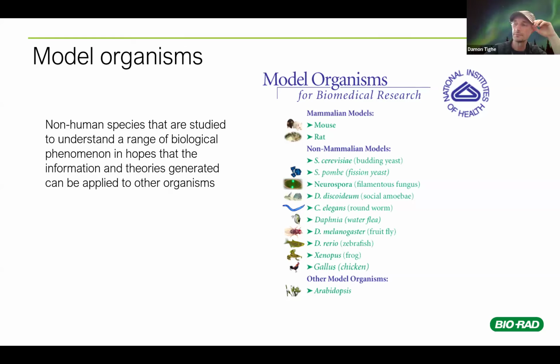So C. elegans, like we briefly touched on in the beginning, is a model organism. Why do we use model organisms? Well, it's a degree of bioethics and a degree of things that are just easier to work with. Humans are pretty hard to work with a lot of times, as many of you know, being teachers. And a lot of things that we would like to study in a human, we just ethically can't.